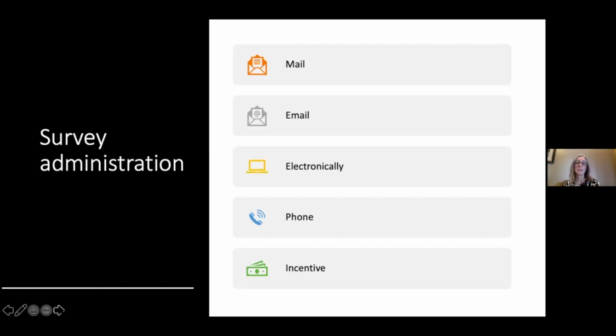Or the opportunity to enter a raffle to get an iPad, or free registration, or a gift card, whatever the incentive might be. It does not have to be much, but particularly for snail mail, if you get $1 in the mail and a survey, the obligation you feel to answer that survey is much, much greater than the $1 that was spent.